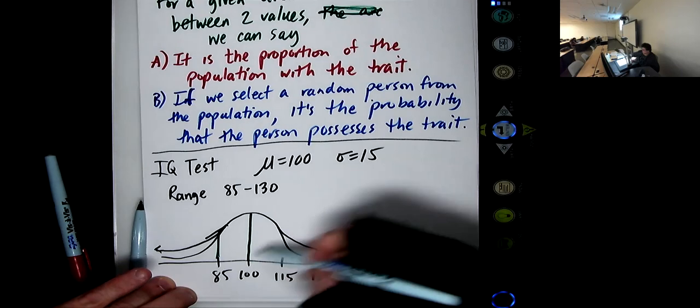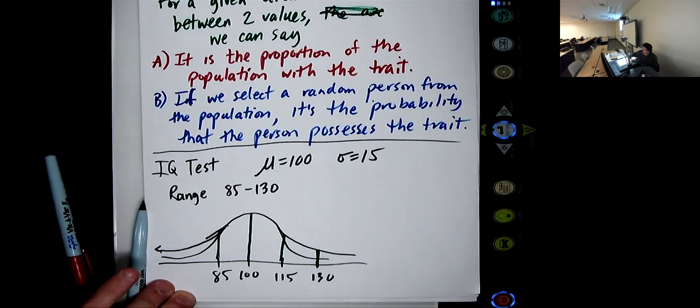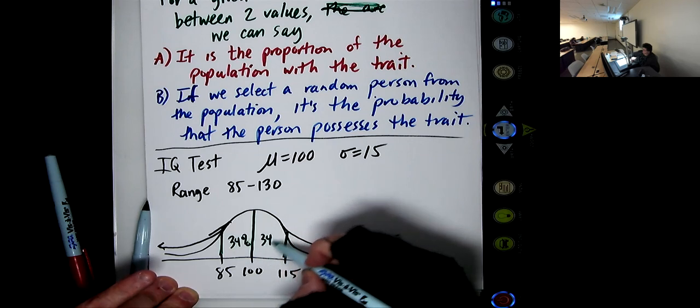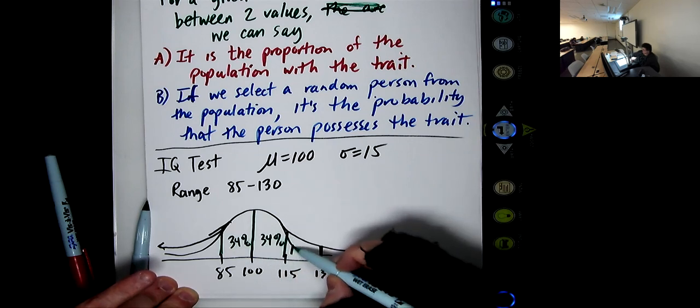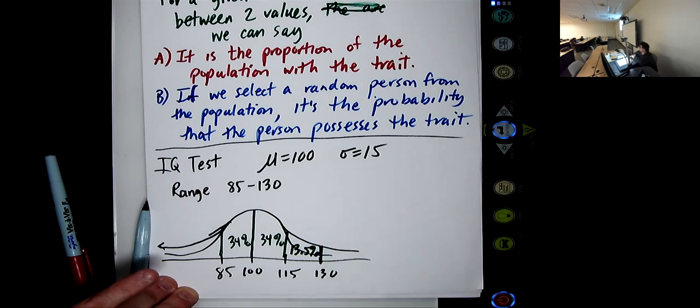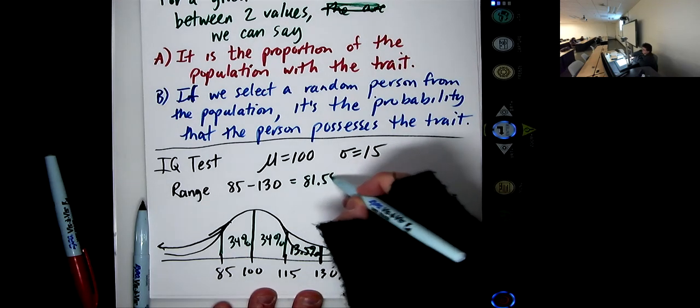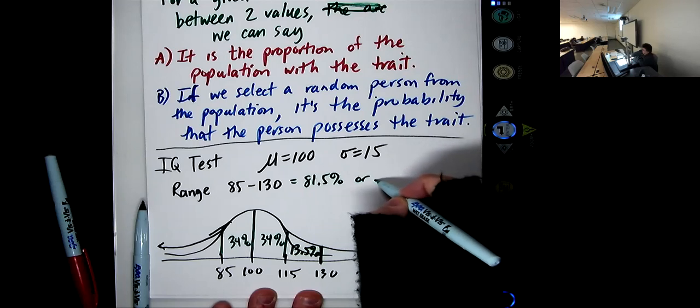Following the empirical rule, that table that we had, this is 34%, this is 34%, and this is 13.5%. It's been a little while since we've used it. It should add up to 81.5% or 0.815.